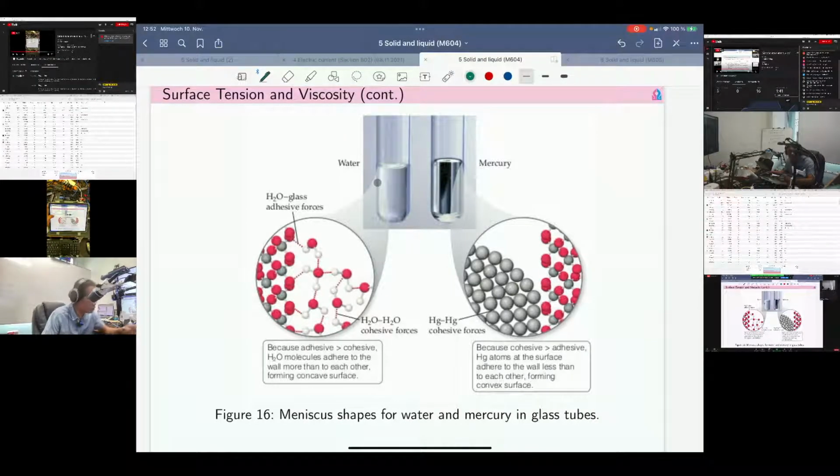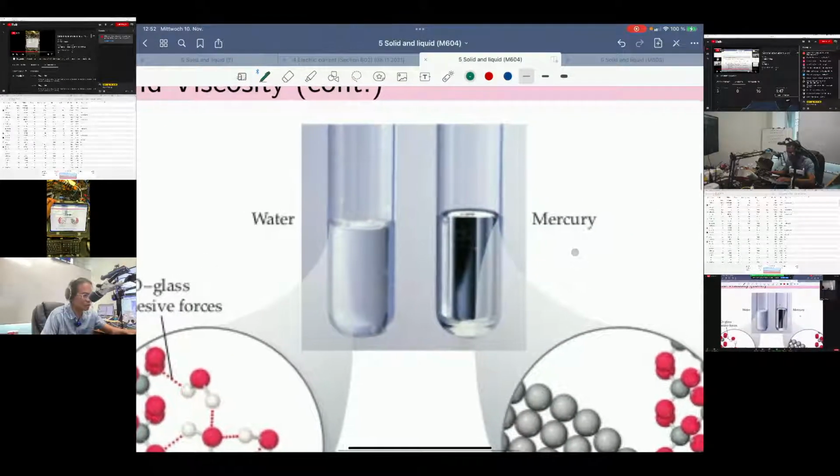There are 2 types of surface tension that will act together with other objects, right? For example, if we have a capillary tube, which is a kind of experimental tube in the laboratory, we have 2 examples of fluid. The first one is water on the left, and another one is mercury.